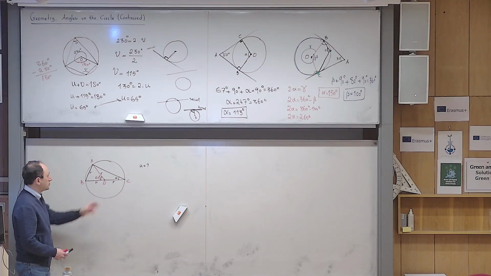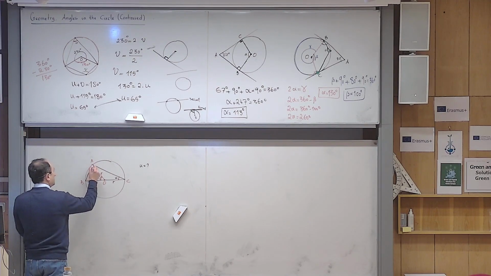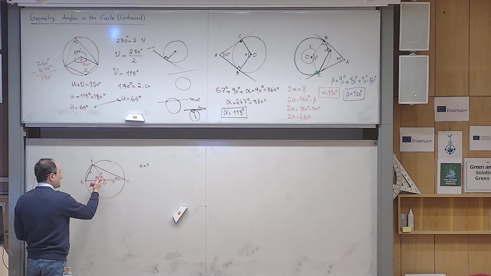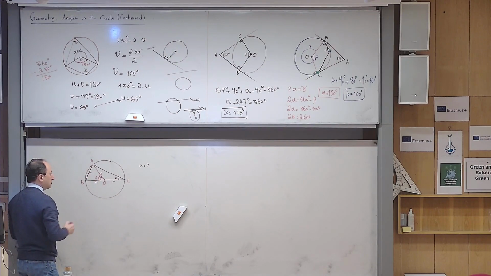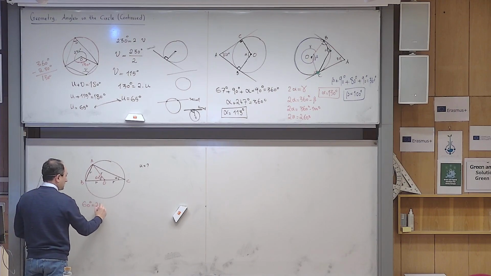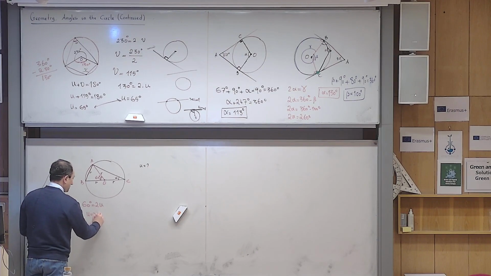What is the arc subtended by 60 degrees? This red one. And what is the arc subtended by this inscribed one? The same. So inscribed and central, both of them are subtending the same arc. So 60 should be 2 times U. So this means U is 30.